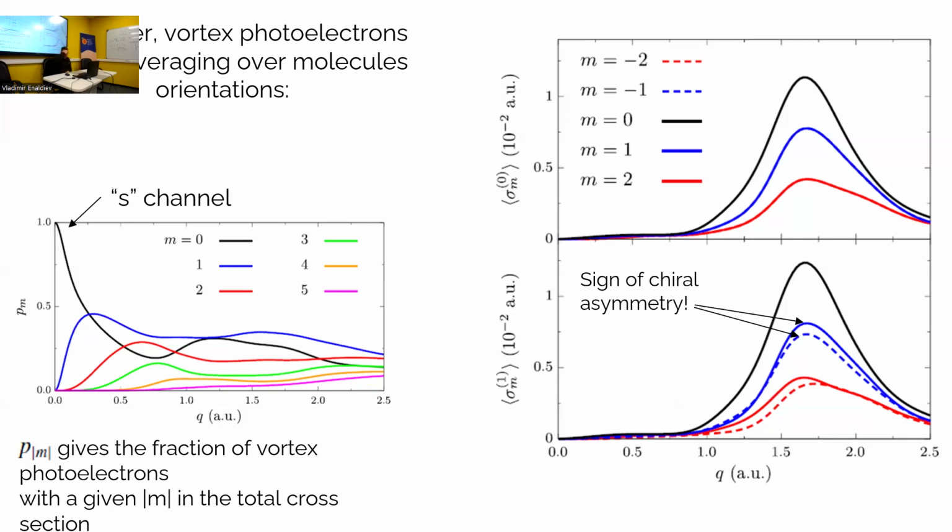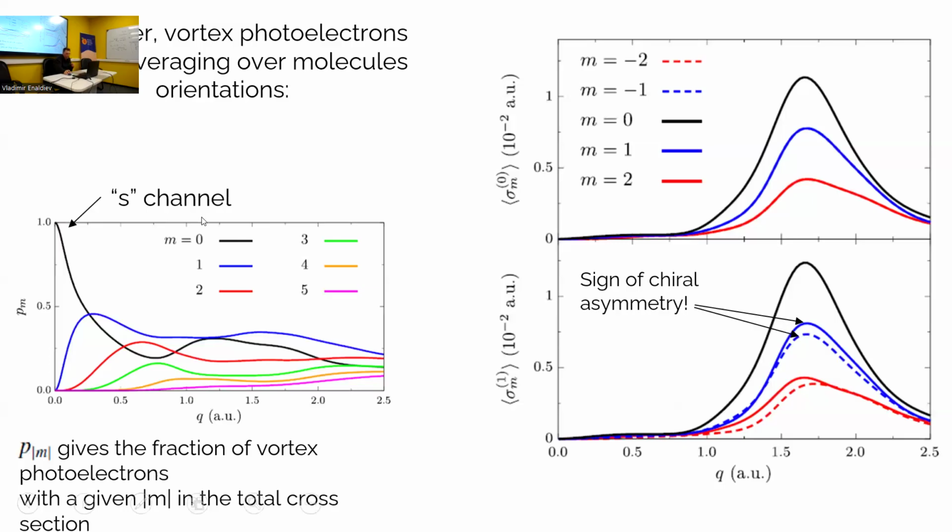And also consider the following characteristic. P is the fraction of vortex photoelectrons at small energies. P0, which represents the fraction of photoelectrons without vorticity, is 1. It means that at low energy, all photoelectrons don't have vorticity.